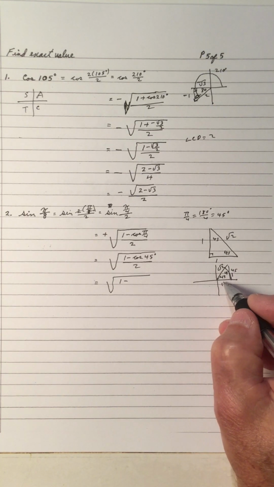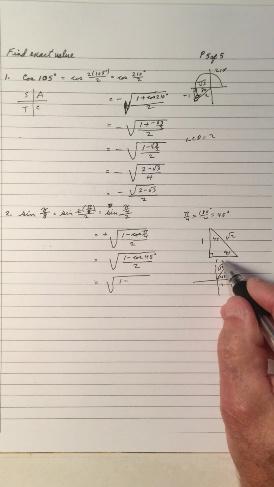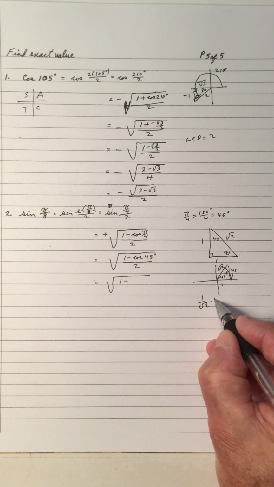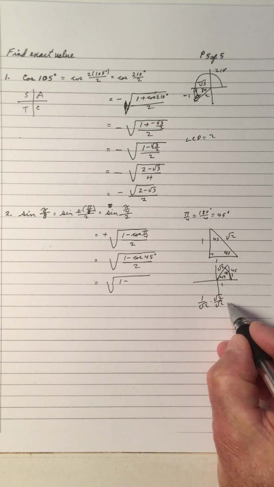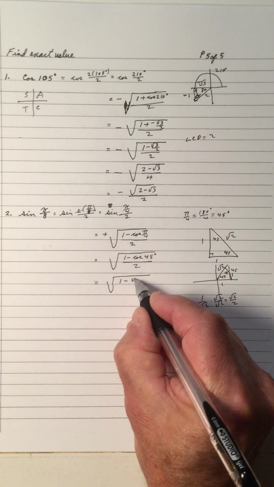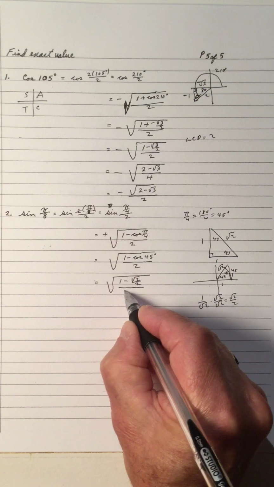Cos is the adjacent over the hypotenuse, which is 1 over root 2. So 1 over root 2 times root 2 over root 2 gives us root 2 over 2. So that's (root 2 over 2) divided by 2.